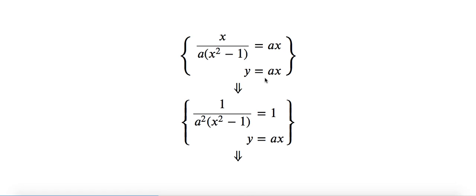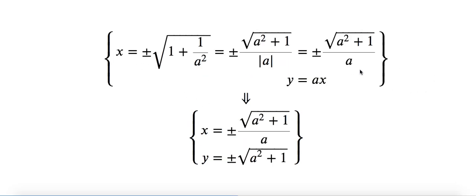Since both x and a are not equal to 0, divide by this non-zero factor ax, multiplied by x squared minus 1. And rearrange it to get x and y by substitution.